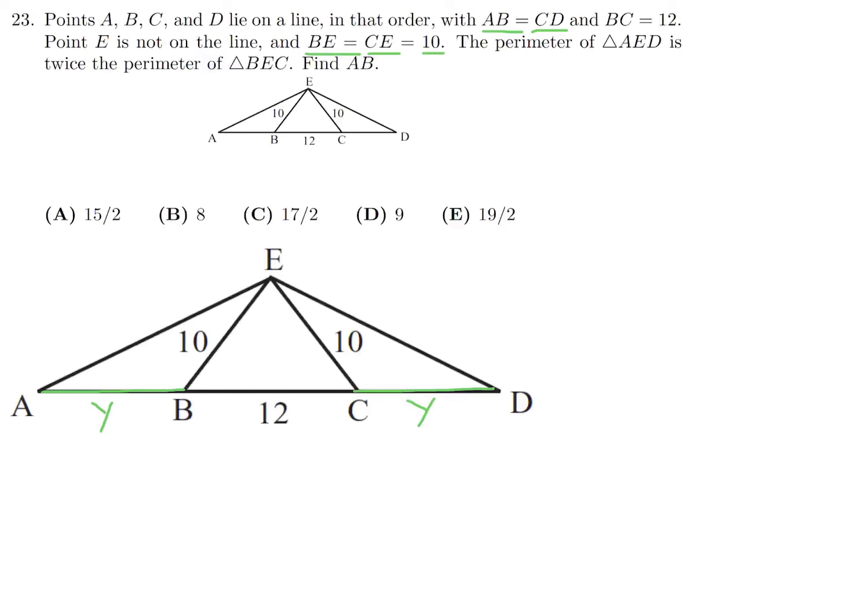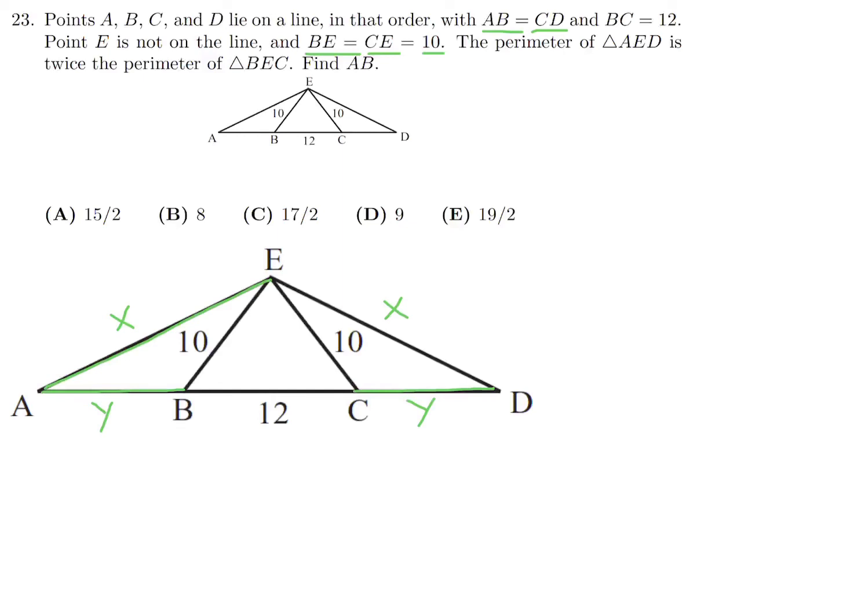The perimeter of AED, okay, so we will need to label AE, so we'll call that X, and therefore ED, we'll call that X as well. Right? Because AE and ED must be equal since this diagram is completely symmetric about the center. And in addition, we've got isosceles triangles also, right?